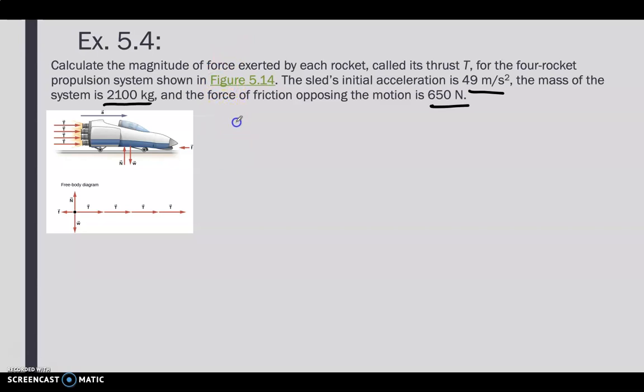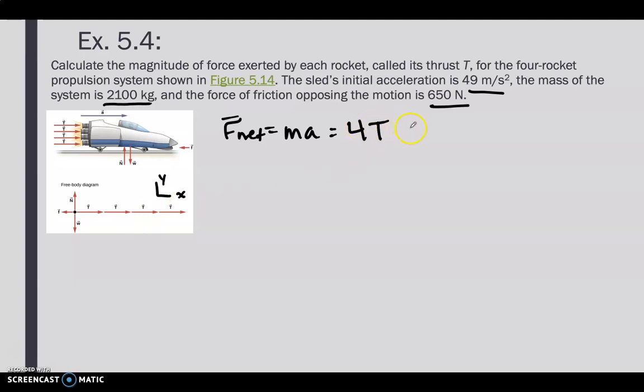Okay, so we have F net is equal to MA. And if we add up all of the forces, that's what we're going to do here, we get 1, 2, 3, 4 times T, and I'm going to say that this is in the positive x direction.